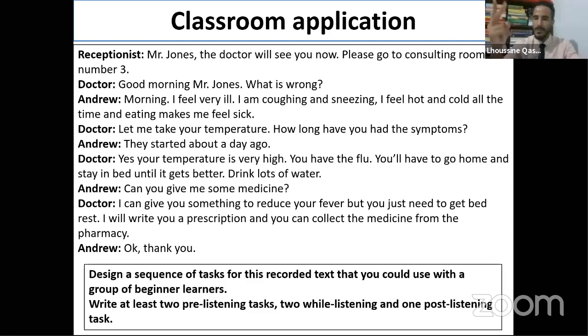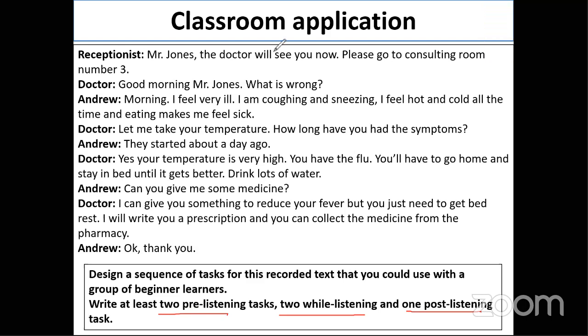So you are going to write at least 2 pre-listening and 2 while-listening and 1 post-listening task. Is it clear so far? Great. Please, 5 minutes. Think, pair, and share. Thank you.